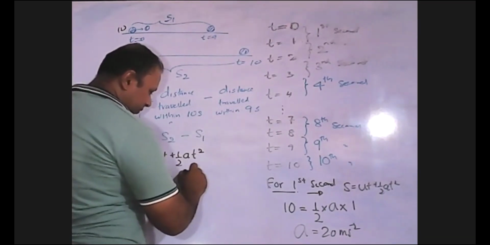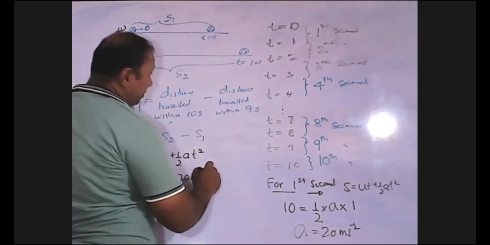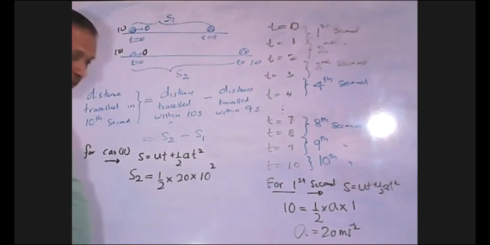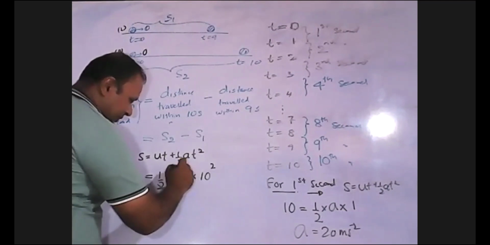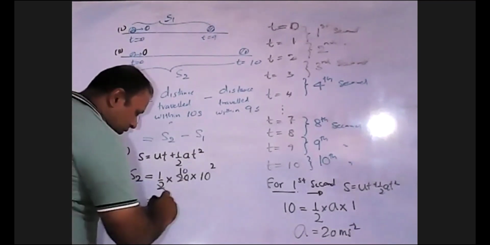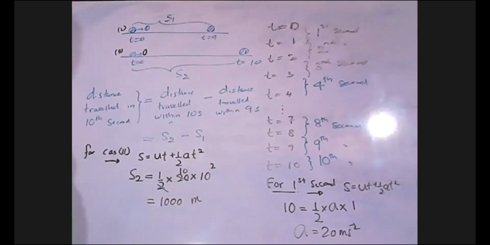S2 is half into 20 into t squared, where t is 10. So 10 to the power 3 means S2 is equal to 1000.